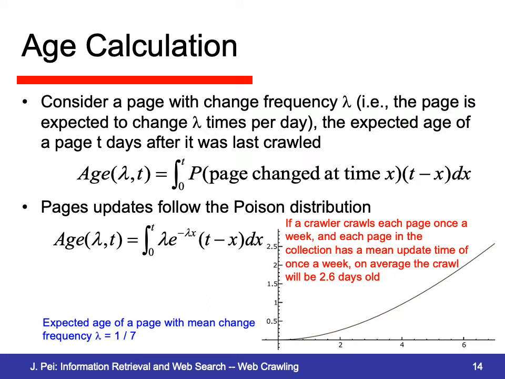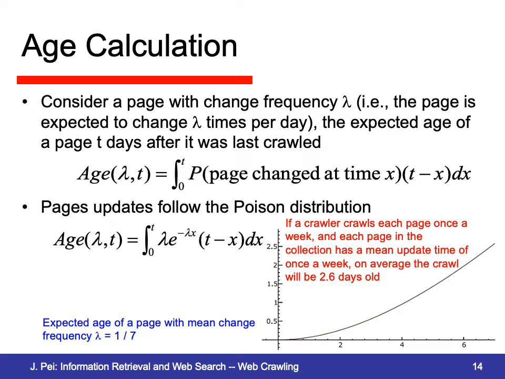Consider a page with change frequency lambda, where a page is expected to change lambda times per day. The expected age of a page t days after it was last crawled can be calculated as follows.